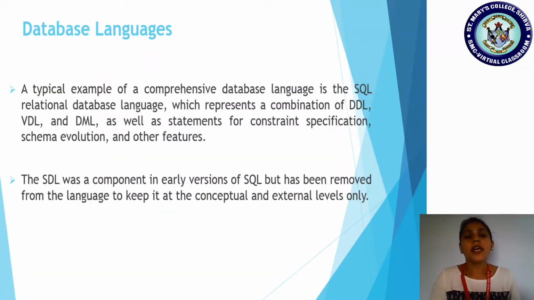Now, some conclusion or comparison of all the four different languages we have discussed till now. A typical example of a comprehensive database language is SQL, the relational database language, which represents a combination of data definition language, view definition language, and data manipulation language. While discussing, you observe that all four are important at different levels.